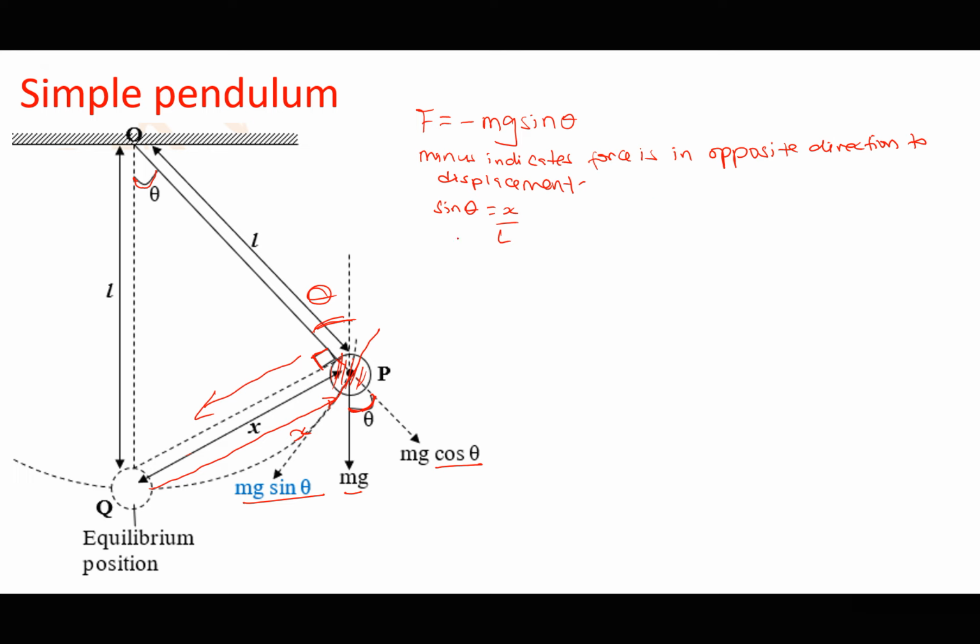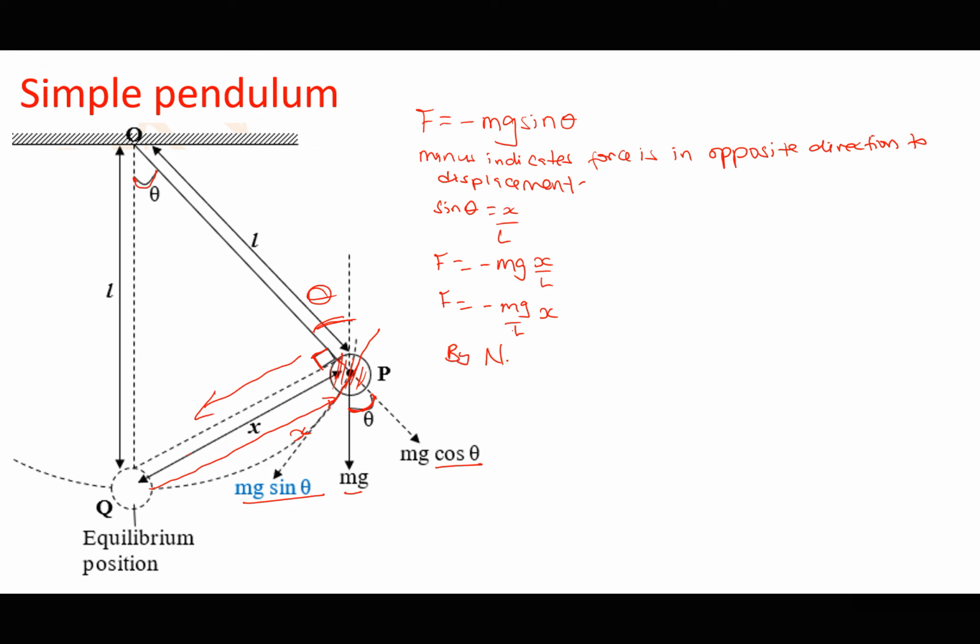But even if I don't do that, I notice that F is equal to negative mg, where there is sine theta, I'll put x divided by L. So it means that force F is equal to negative mg over L times x. Then you recall Newton's second law.